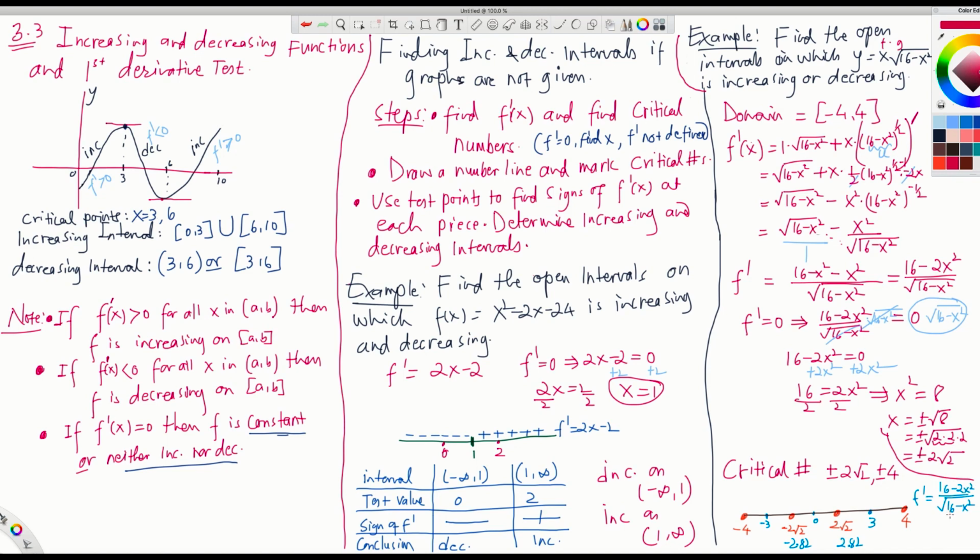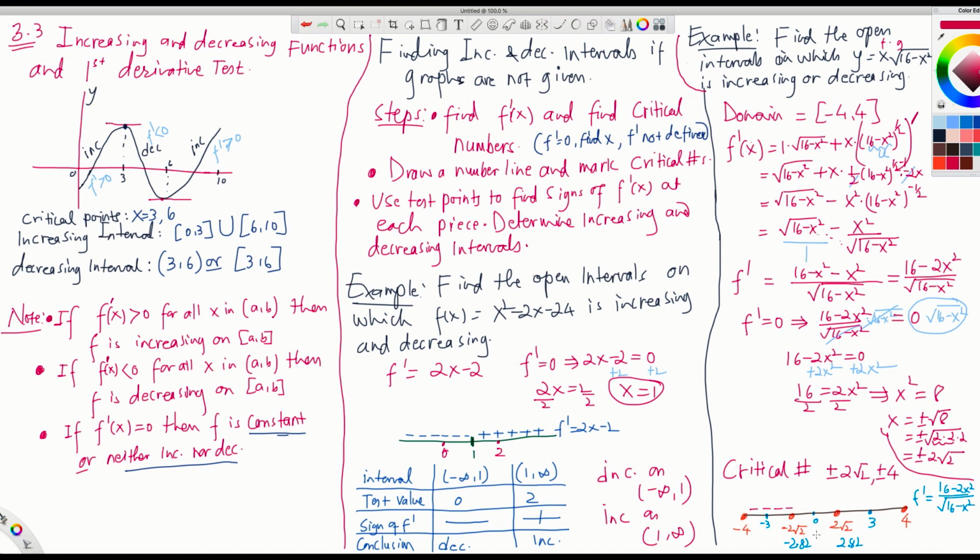On the bottom, 16 minus 9 is 7, so positive on the bottom. Negative over positive will be negative. So in this piece it will be negative, so it is a decreasing piece.